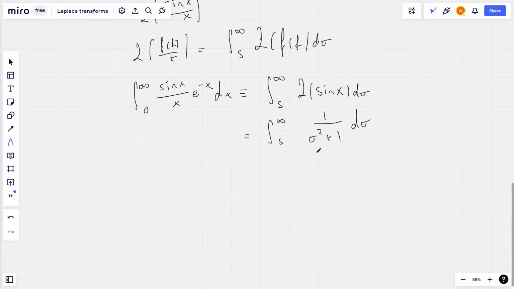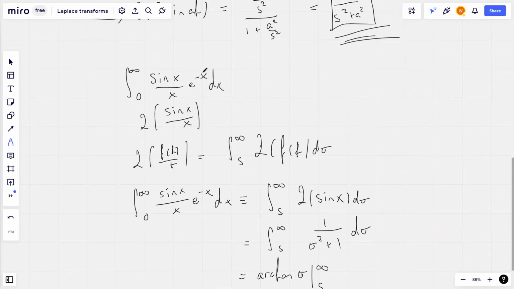Therefore, when we plug it in here, we have a simple integral, because we know that this just evaluates to arctan of sigma. And now if we have our bounds, this is equal to pi over 2 minus arctan of s. Okay, so what is s?